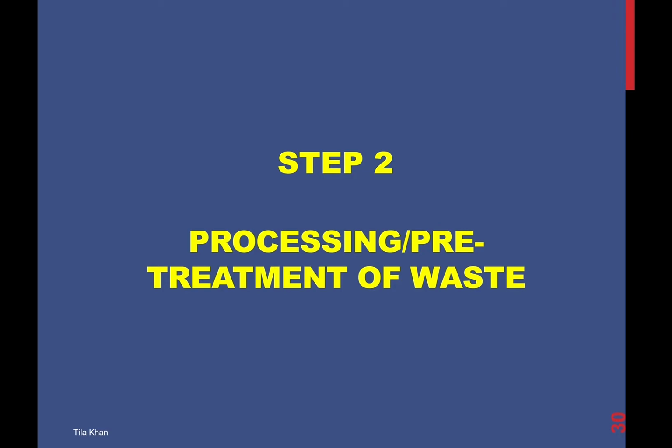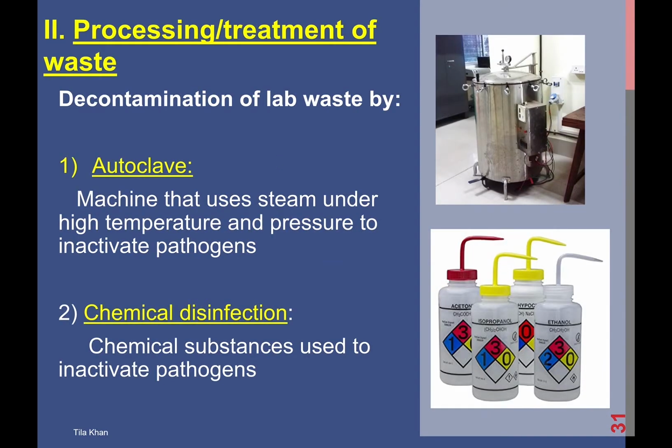Now coming on to step 2. Step 2 is processing or pre-treatment of biomedical waste. This step is done in the laboratory itself, and this is a very crucial step for safe disposal of waste. Laboratory waste is decontaminated mainly in 2 ways. Number 1 is autoclave.